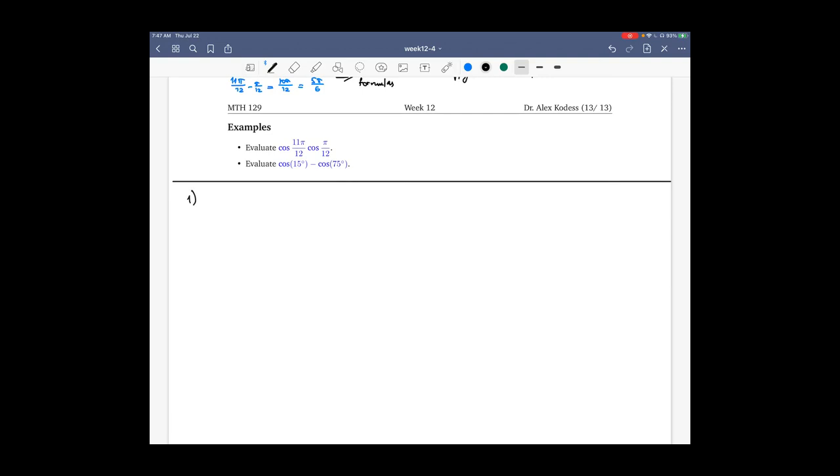So applying the product to sum formula, which one?